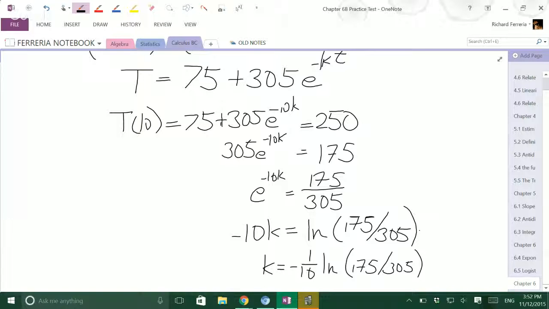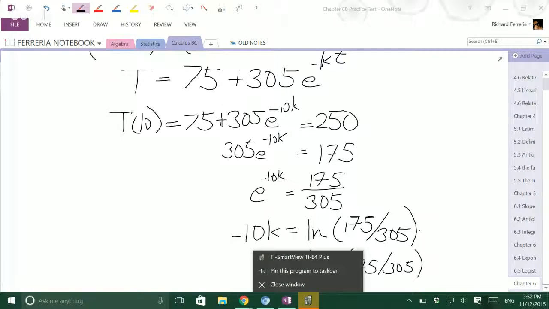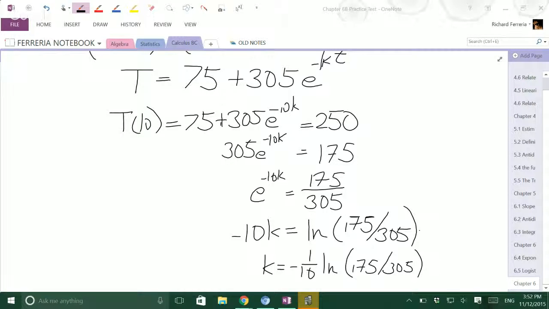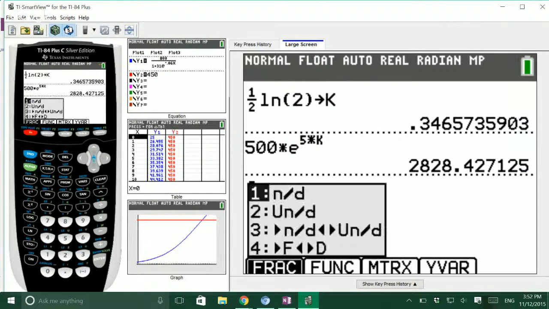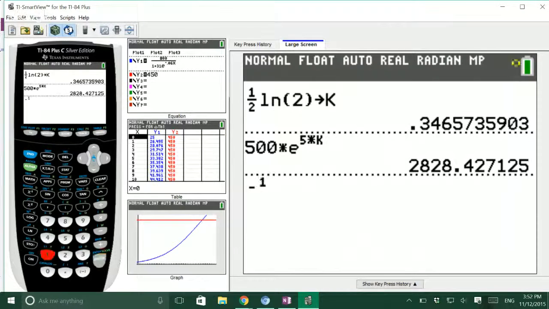Okay, let's do this on my calculator. We have, where's my calculator? There we go. We have -1/10 natural log of, is that 175 out of 305?